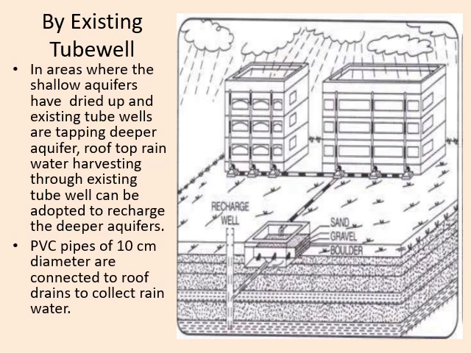What is happening here is that PVC pipes of 10 cm diameter are connected to roof water drains or downtake pipes to collect the rainwater. So here the downtake pipe is collecting the rainwater from the rooftop area, and it is going first to a recharge pit of sand, gravel and boulder, and then it is connected to the recharge well.